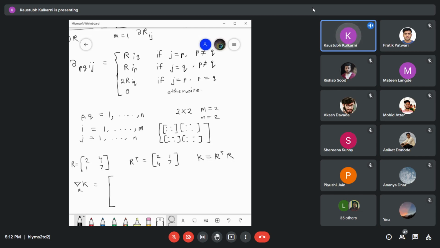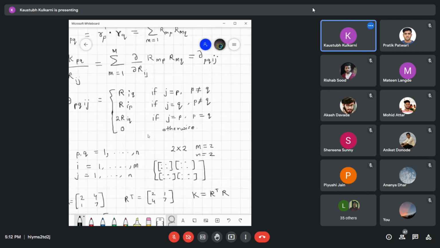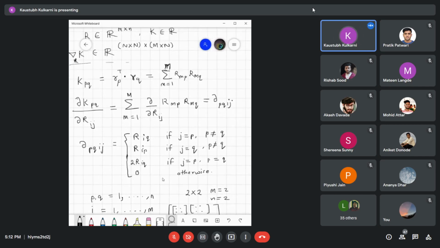Let's consider when all of them are 1: p1, q1, i1, j1. So j is equal to p and p is equal to q, then it is 2Riq. Let's calculate during the next lecture itself, I think.